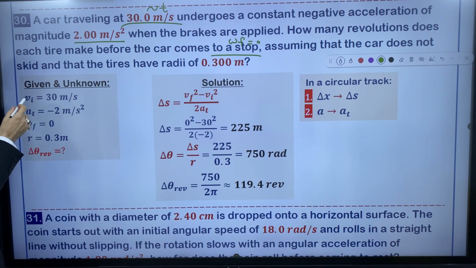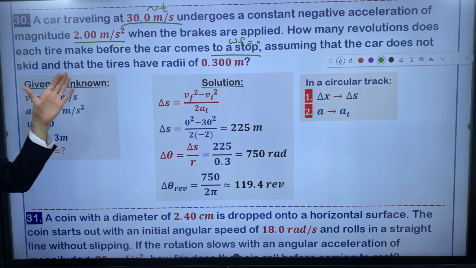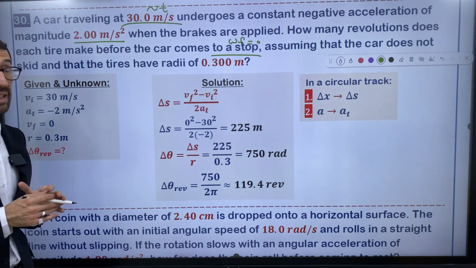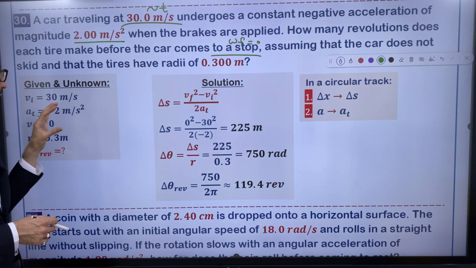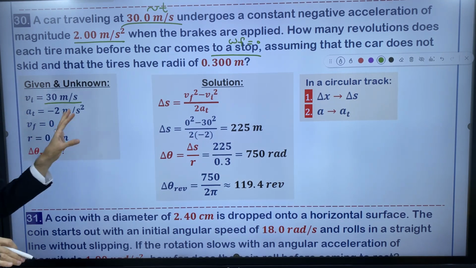Or if you use omega from the beginning, no problem, but you have to convert 30 meters per second into rad per second by means of the radius. But I used it as it is, without converting from the beginning.